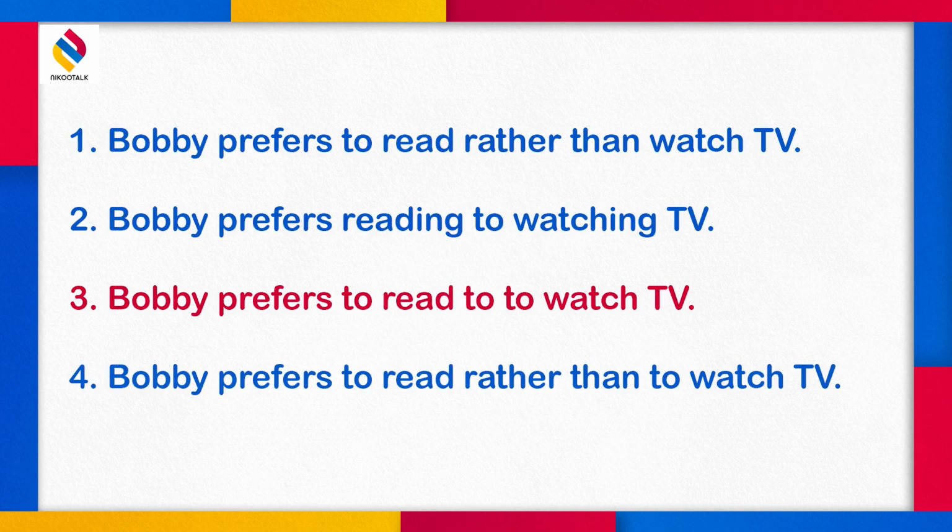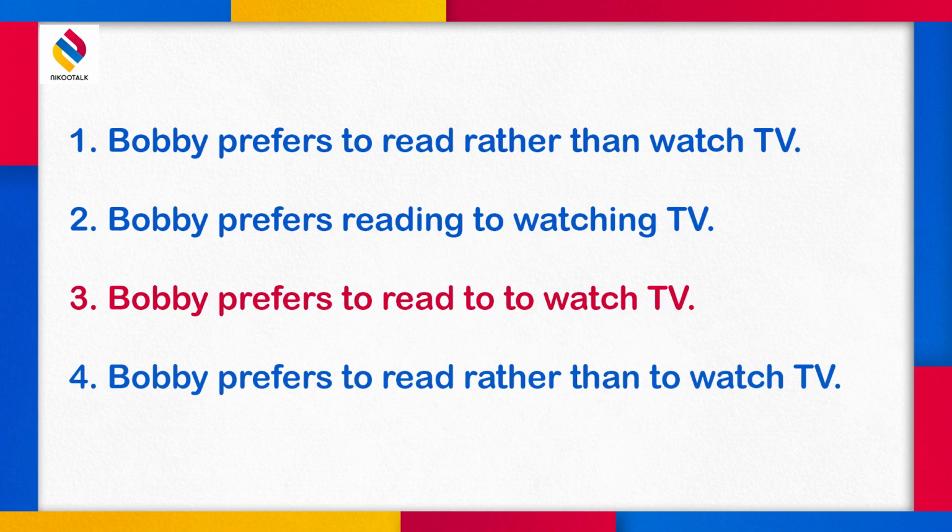In the previous part, we had two nouns after prefer, but here we have two verbs after prefer in each sentence. Rather than in number 1 is correct, also in number 4, but can you see the difference between 1 and 4? Yes, in number 1, before rather than we have infinitive with to, and after that we have infinitive without to.